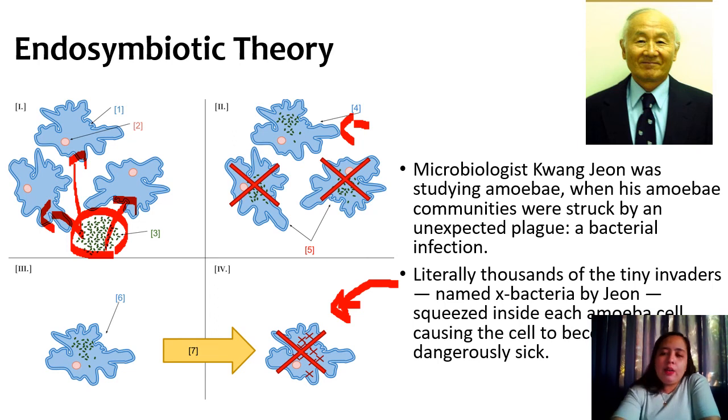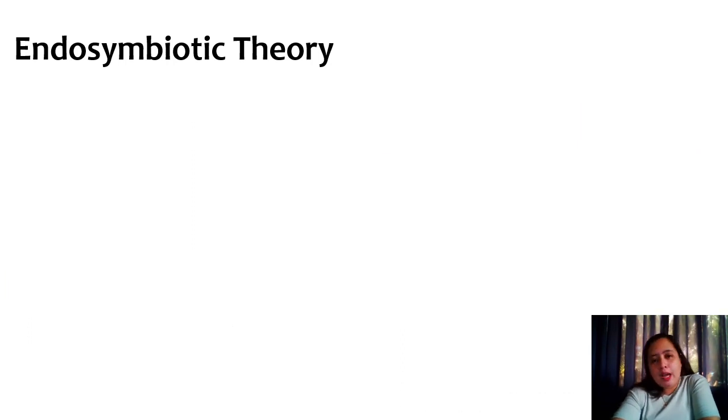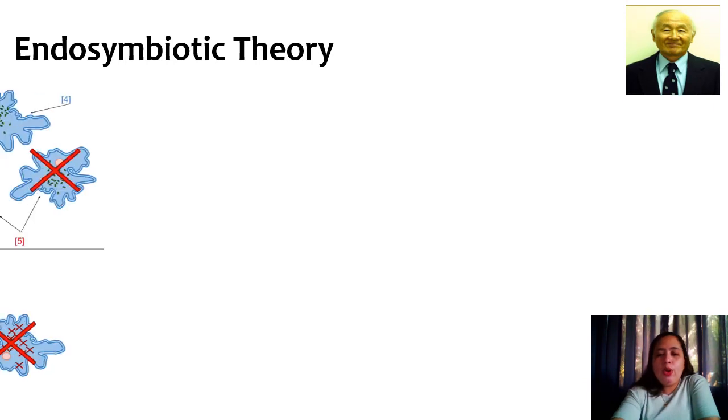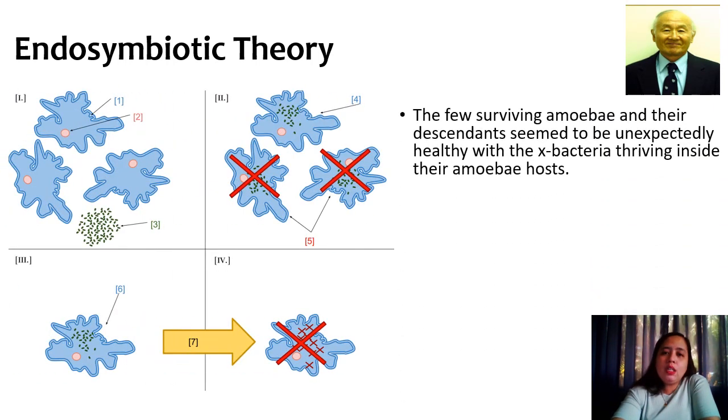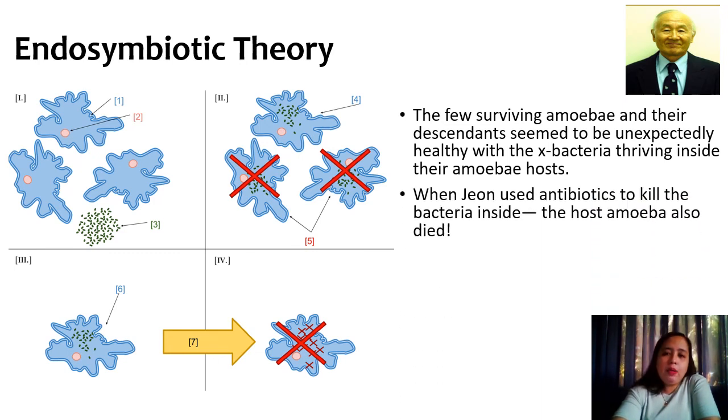So, literally thousands of tiny invaders, no, squeeze inside the amoeba cell, causing the cell to become dangerously sick. Only few amoeba survive. So, yun yung sinasabi ko sa inyo. What he did, nag-introduce siya ng gamot, antibiotics, to kill the bacteria inside.